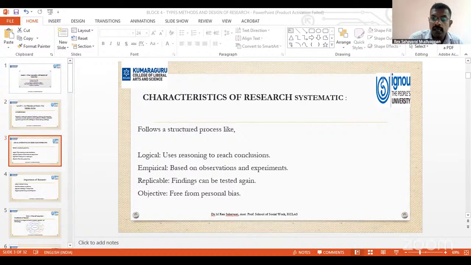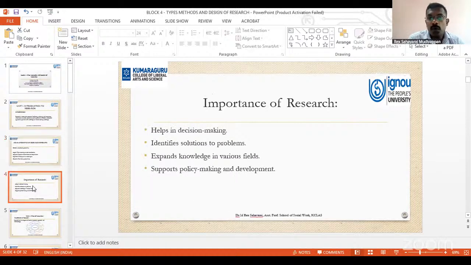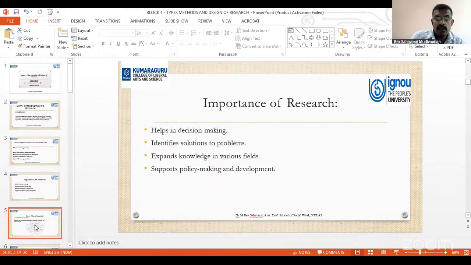Very important elements. Then the importance of research: it helps in decision making, identifies solutions to problems, expands knowledge in various fields, and supports policy making and development, right? So these are the importance of research.